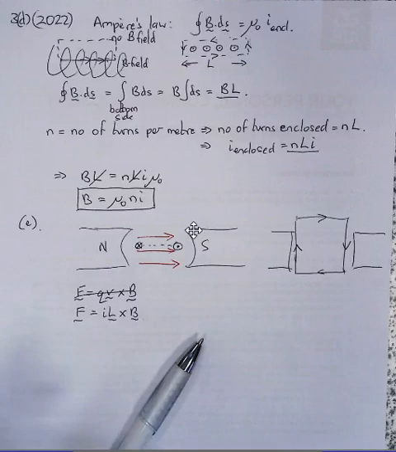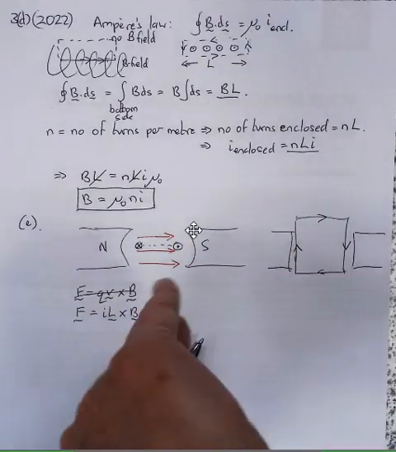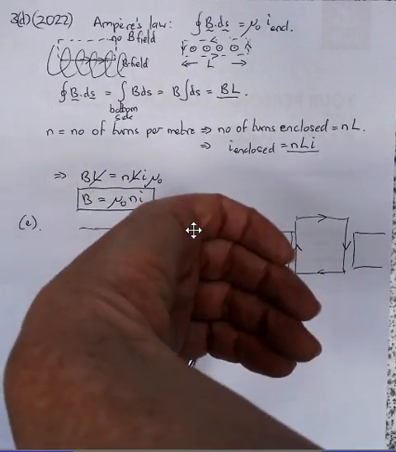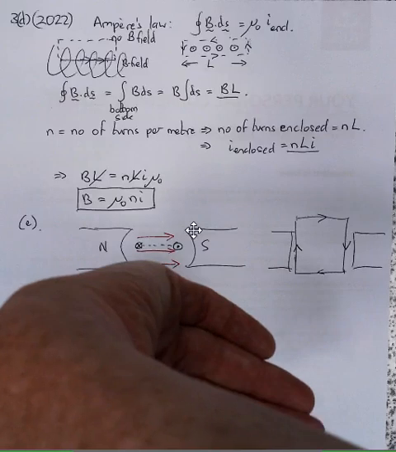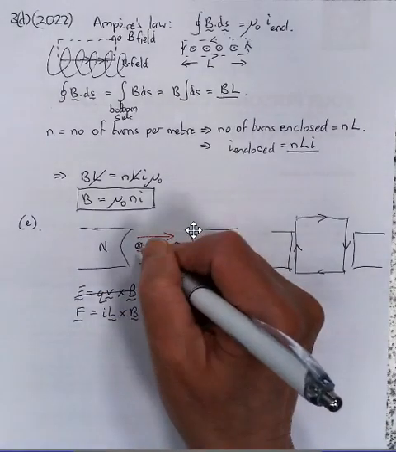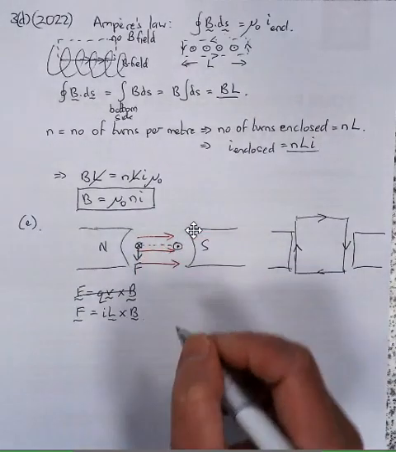If you use your right hand, going in, crossing to B, then my thumb is pointing in this direction here. So there's a force on this side down.